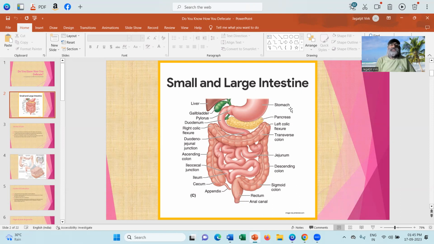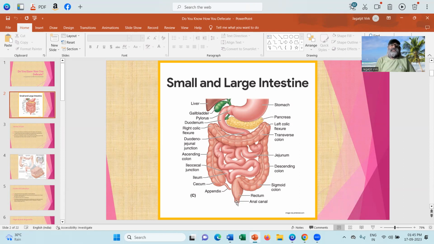Our food first comes in the stomach, then in the small intestine, duodenum, jejunum, and ileum, and then it goes to the cecum, and then the colon, then the sigmoid colon, rectum, and then it passes away with waste products through the anal canal.